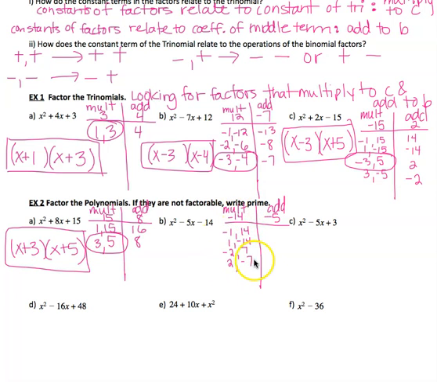No. The next number would be 7, and because I've come back around to what's already listed, I know I've got them all. So I look to see what they add to, and I wanted the ones that add to negative 5, so that would be this guy right here. So x plus 2 times x minus 7 would be my factorization.